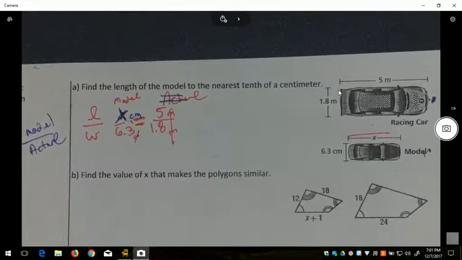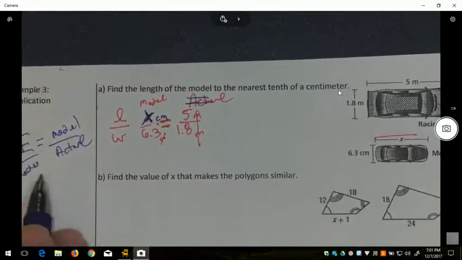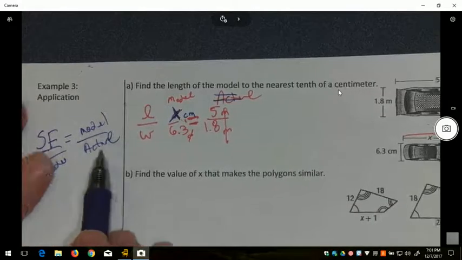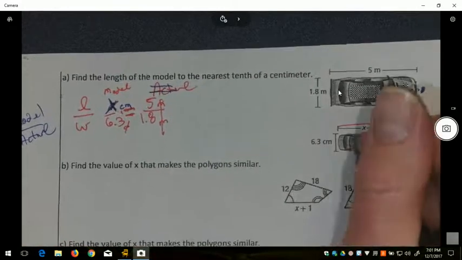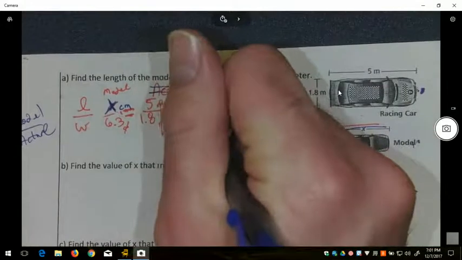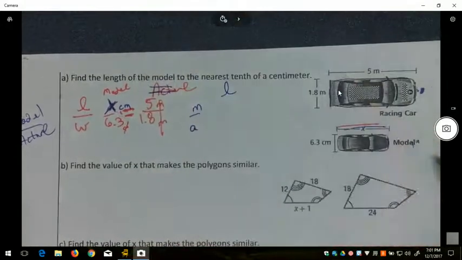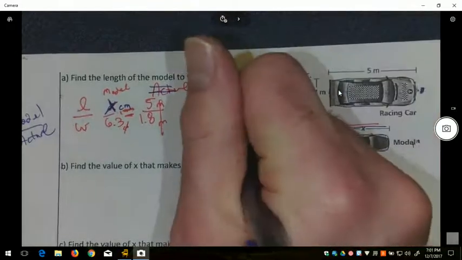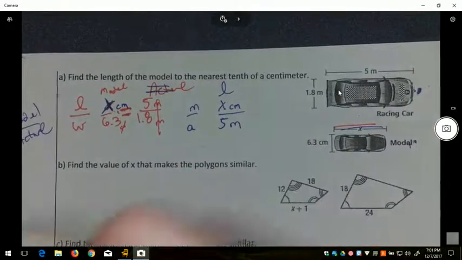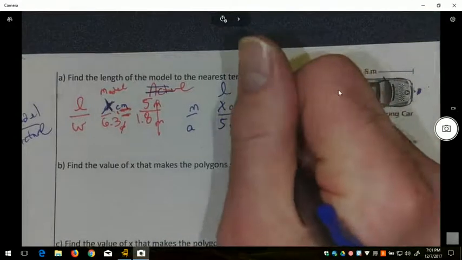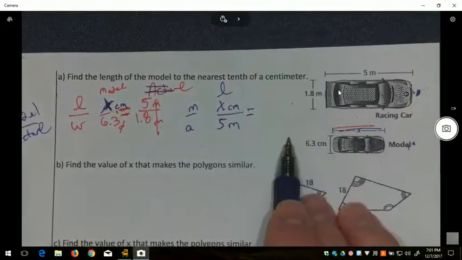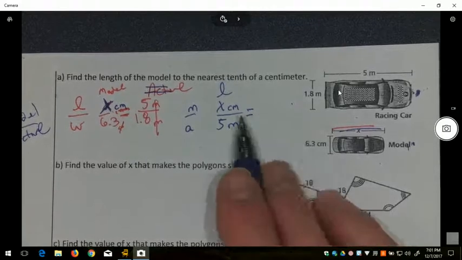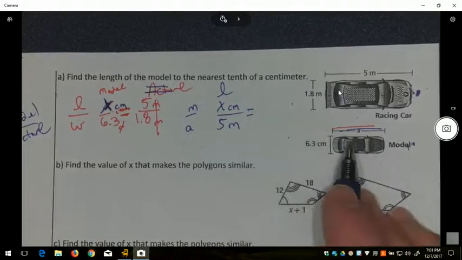The other way that is accurate to set this up would actually follow the actual scale factor of a model to actual. Model to actual, I would say, well, we're doing model over actual. What are the lengths? Well, the length of this is x centimeters, and the length of this is 5 meters. So I have centimeters to meters. As long as I have centimeters to meters over here, it will still be an okay proportion for me to cross multiply and solve, and I don't have to worry so much about my units.